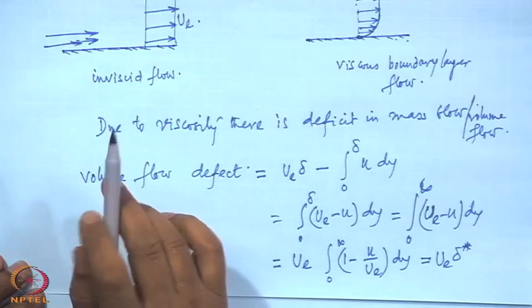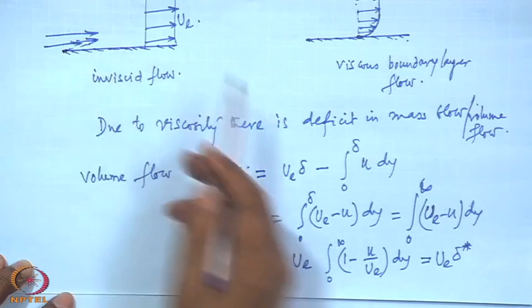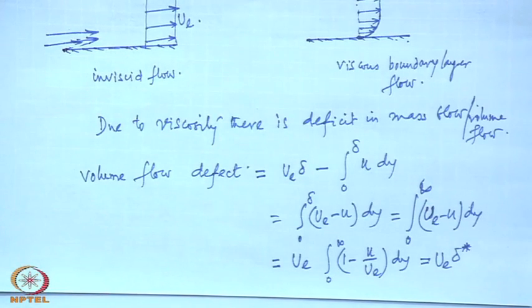We could have got the same thing as far as mass flow is concerned. If we consider that purely inviscid flow and we are concentrating only on getting the mass flow effect, then if we raise this wall by a thickness delta star, then also we will get the same amount of mass flow.